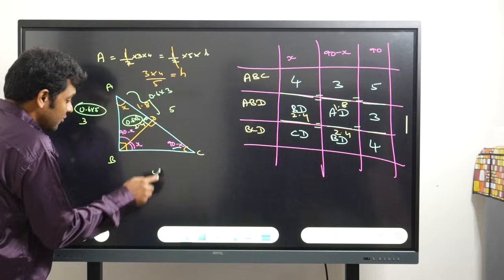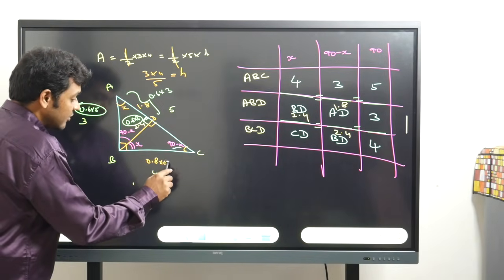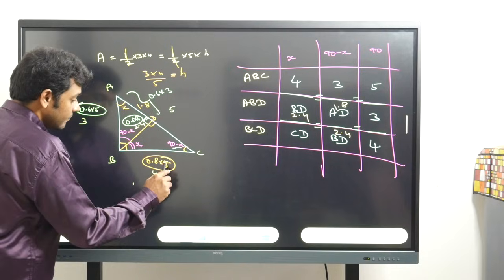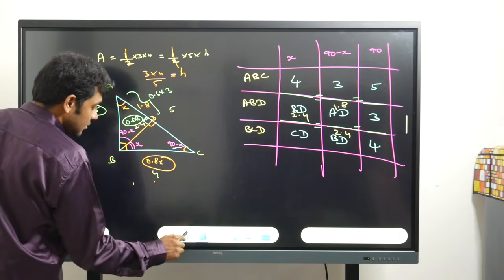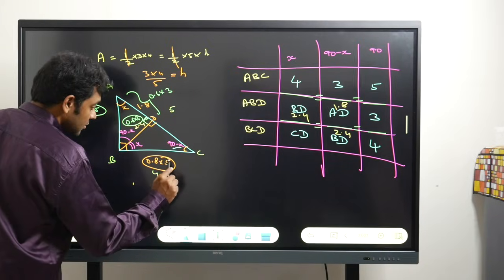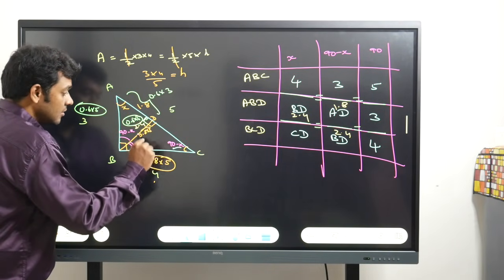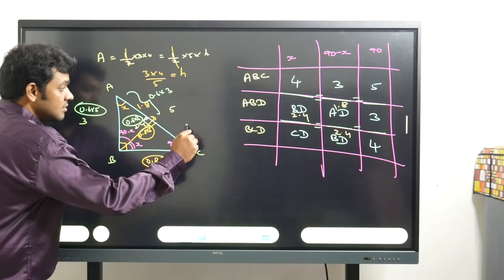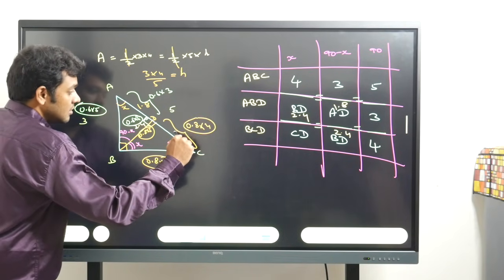Similarly, in this triangle, 4 and 2.4. 4 is 0.8 into 5. Similarly, 2.4 is nothing but 0.8 into 3. Therefore, this will be 0.8 into 4, which is 3.2.